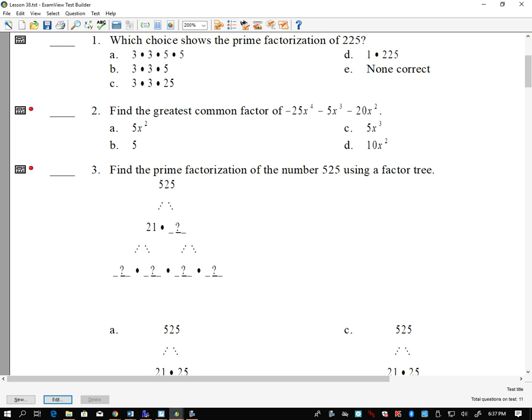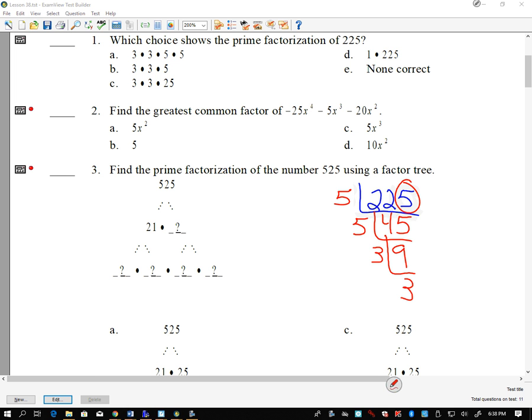All right, so number 1, which choice shows the prime factorization of 225? Well, I'm going to come back to my little tree here. I should see right off the bat I can divide that by 5. 225 divided by 5 is 45. 45, I know I can divide by 5, which is 9. 9, I know I can break down into 3 and 3.